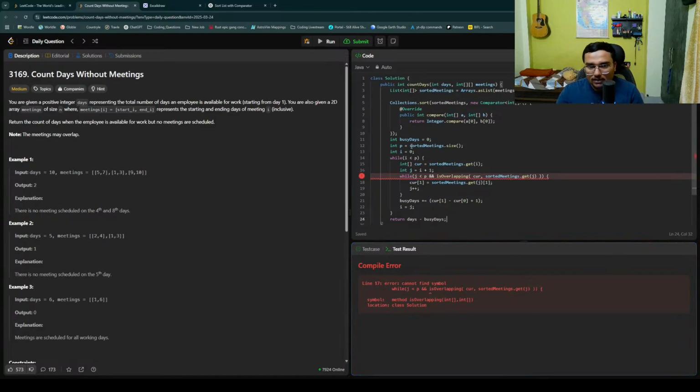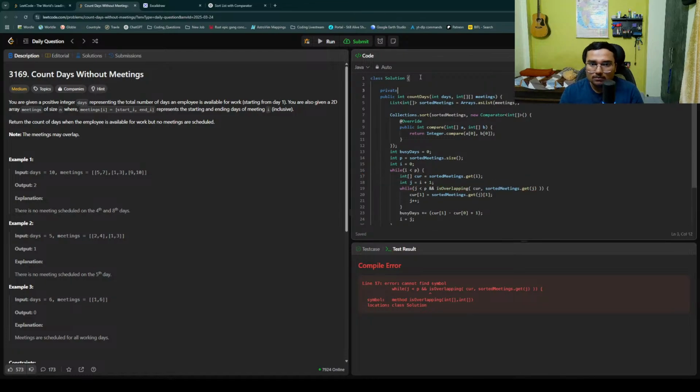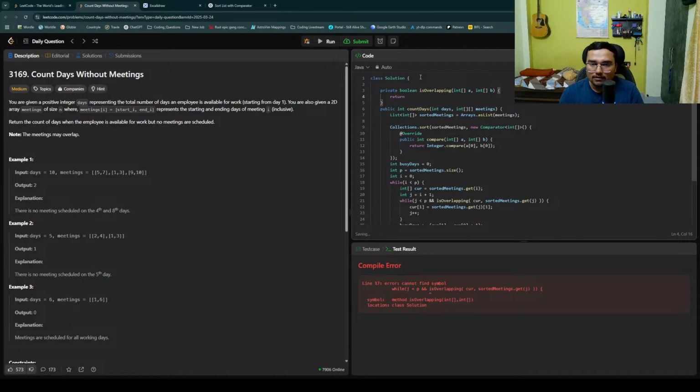Of course, is overlapping is not defined, so we need to do that. Private boolean is overlapping int a, int b, return if a of 1 is greater than equals b of 0. And I think I need to upgrade this compare function.